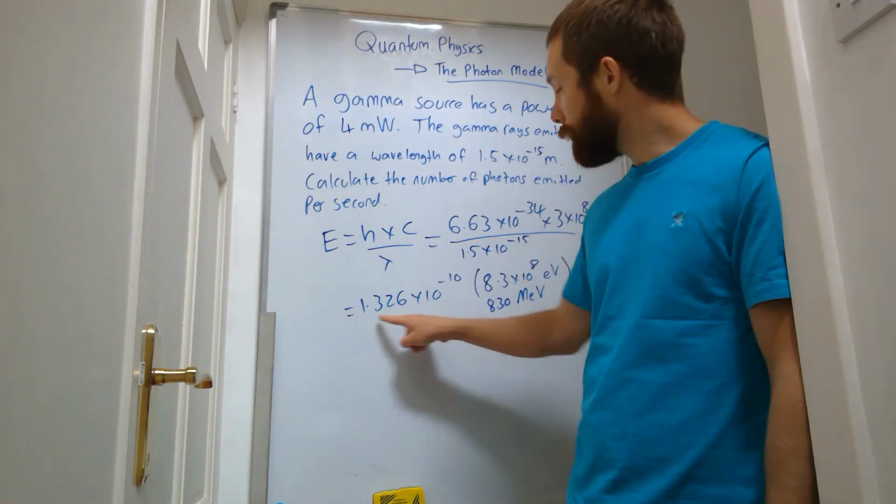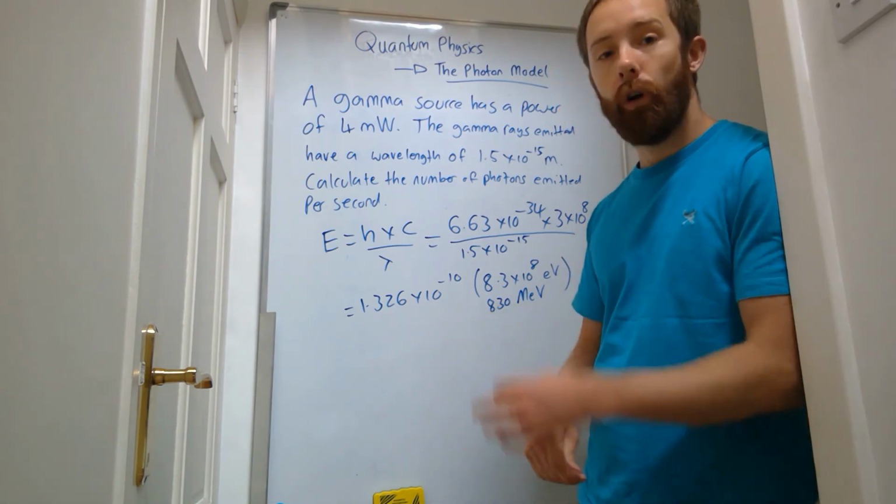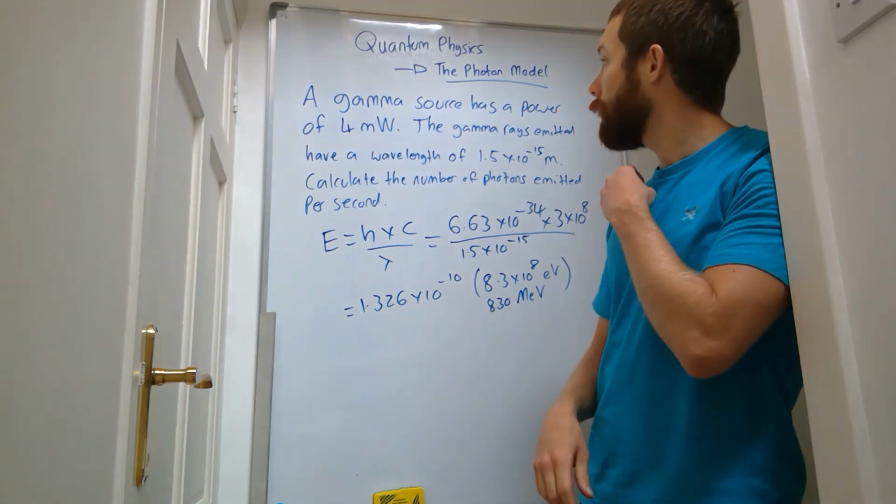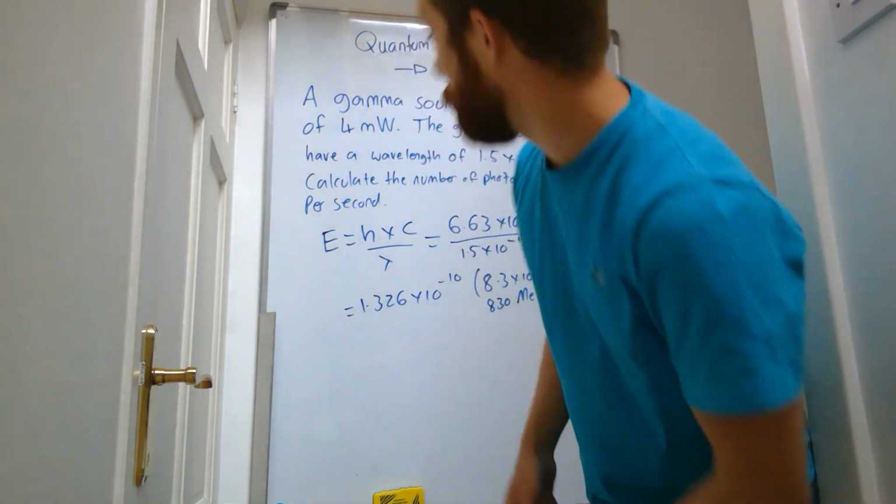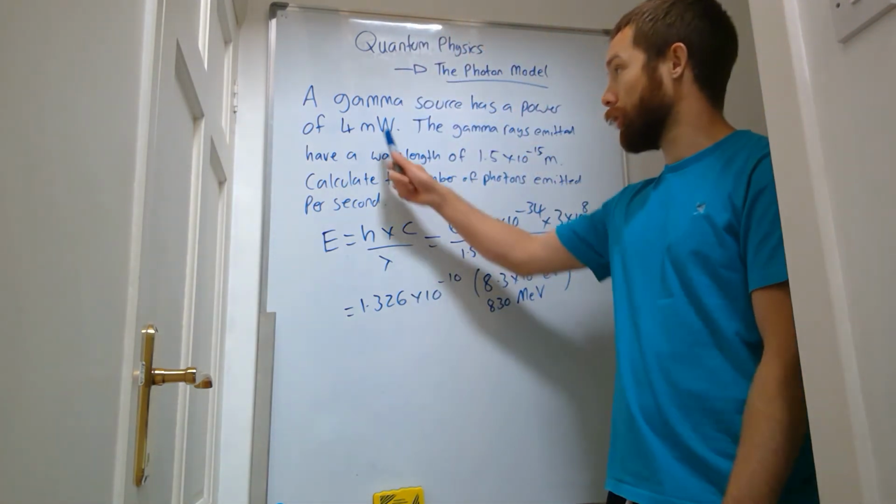Now we've got this amount of energy for each individual photon, we can simply work out how many of these are going to go into this.